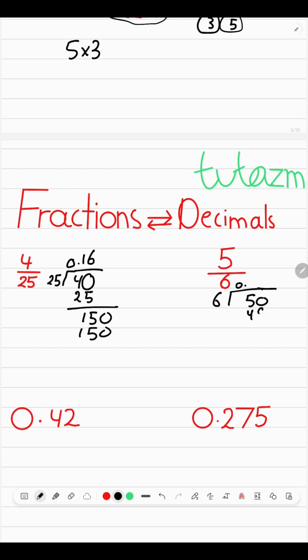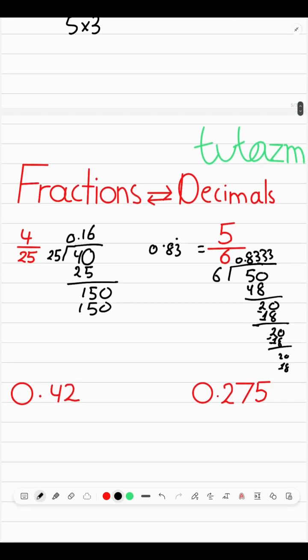Well, we'd have 48 here, so it would be 8 times, and then we're left with 2, 0, then we'd have 18 because 6 times 3 is 18, and then we'd have another 2 here, and then this would also be a 0, and you'd have another 18, so it would be 3, and this would keep going on forever, which means that 5 over 6 is equal to 0.83 recurring. Whenever you see a number is repeated twice, then that's the end of your decimal, and you just put a dot over the parts that are going to be repeated.